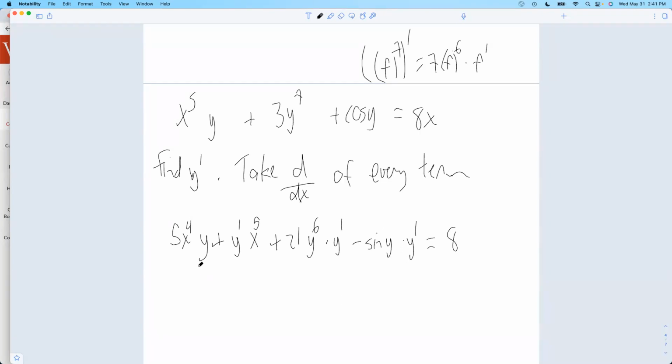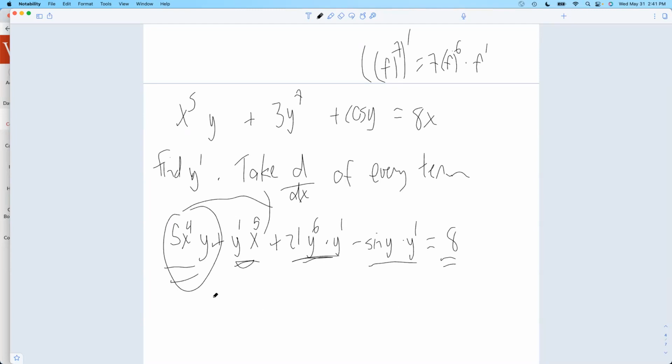Okay, now let's look at all of our terms. I've got 1, 2, 3, 4, 5 terms. These 3 terms have a y prime in them. These two don't. So I'm going to keep everything that has a y prime on the left side. Everybody that doesn't, I'm going to move to the right side.